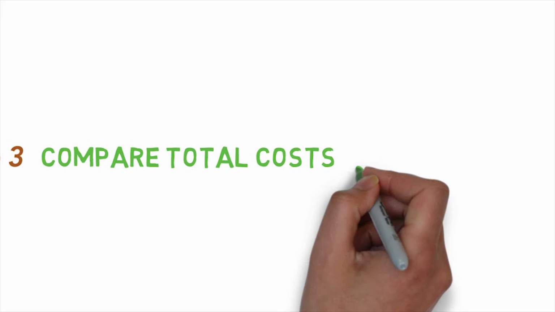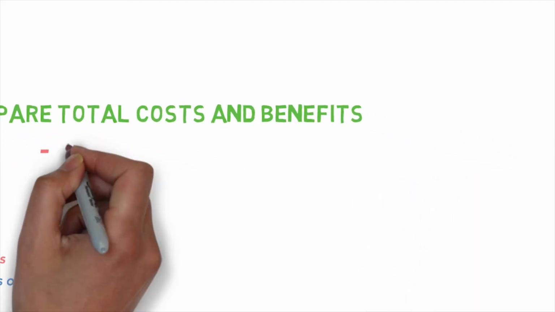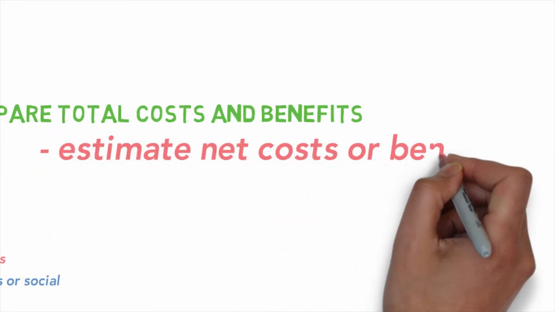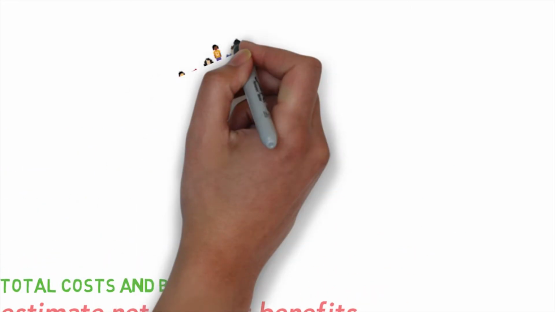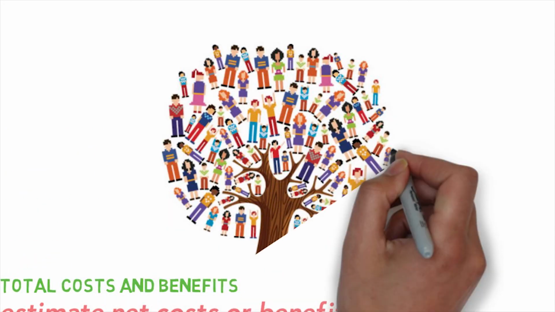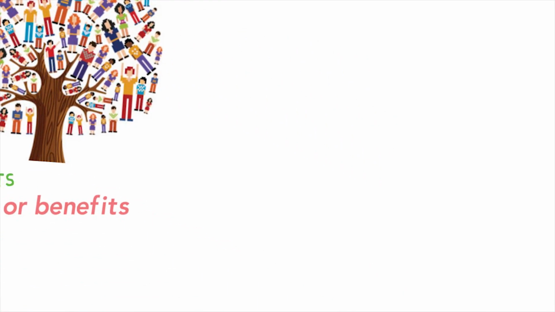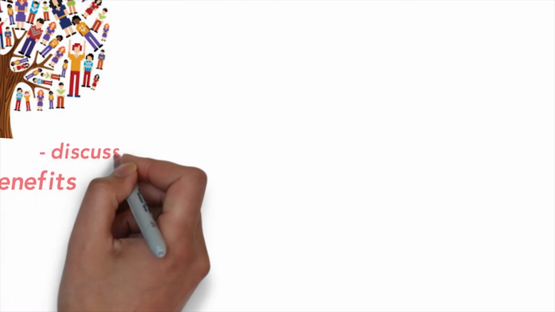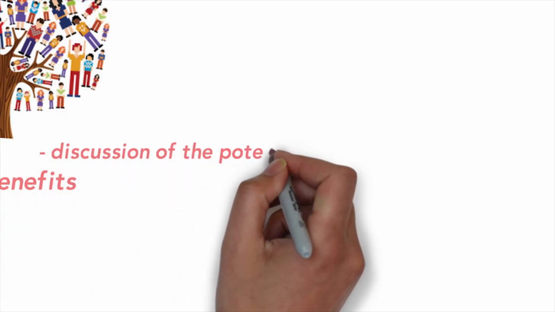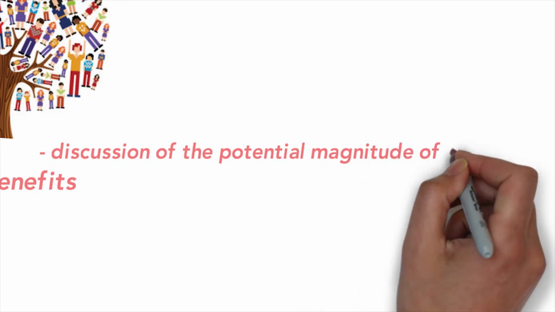Step 3. Compare total costs and benefits to estimate net costs or benefits to society as a whole. This step should include a discussion of the potential magnitude of effects that cannot be valued.